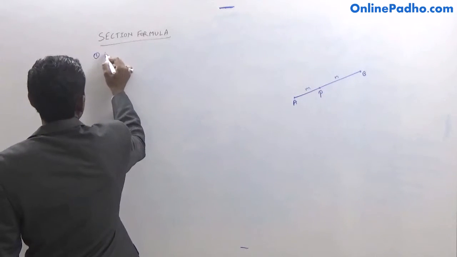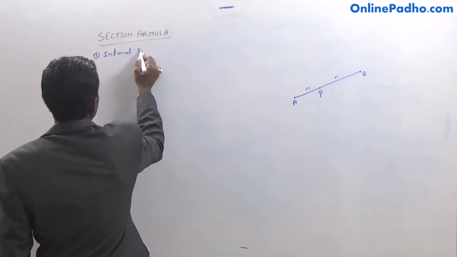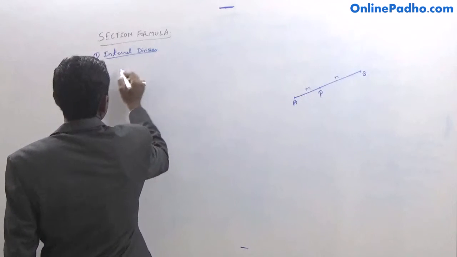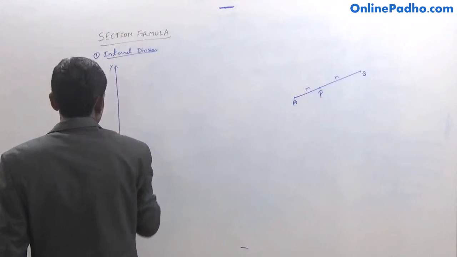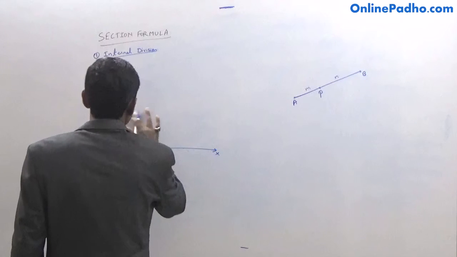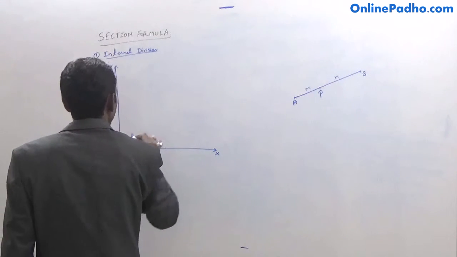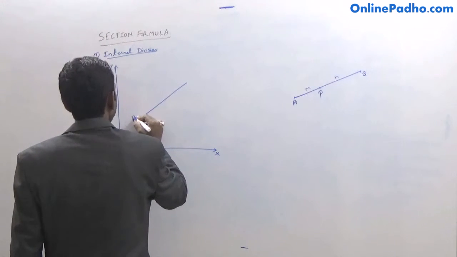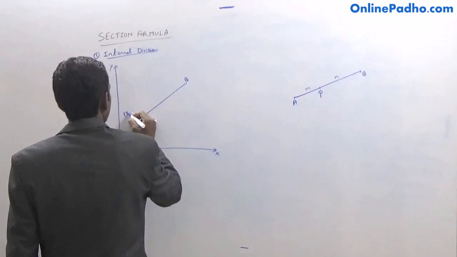The first part of section formula is called internal division. We need to divide a line segment internally into some ratio. Let's see how to derive the formula. If we have a coordinate plane, coordinate axis, and A and B are any 2 points which draw the line segment AB.